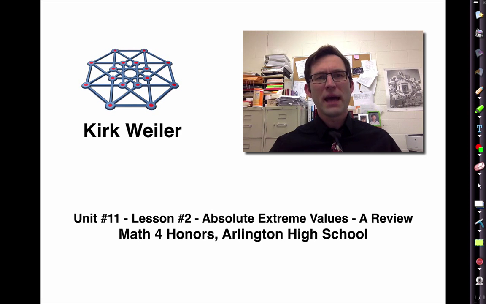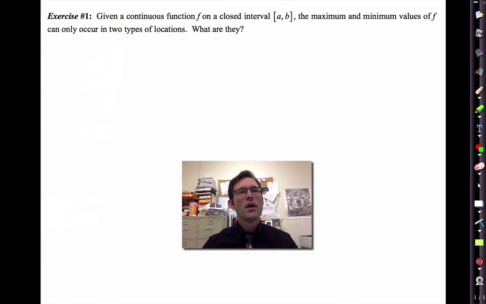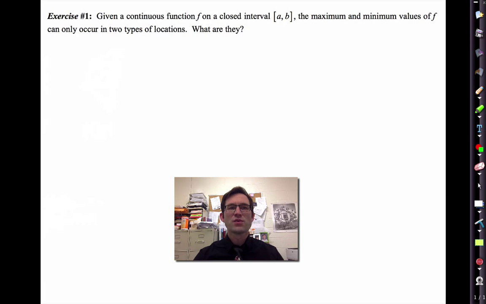But let's jump right into it. Let's review how to find the absolute max and min values of a function on a closed interval. All right, let's see what we can remember. Exercise 1. Given a function f on a closed interval a to b, the maximum and minimum values of f can occur at only two types of locations. What are they? Pause the video for a second and think about this.